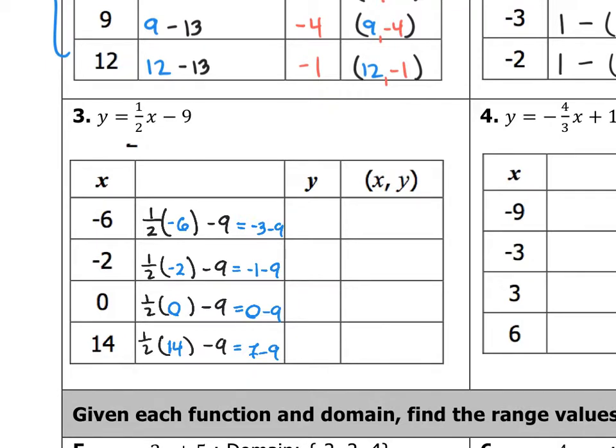So my first y value, -3 minus 9, is -12. And then I get -10, -9, and -2. So my ordered pairs are going to be -6, -12, -2, -10, 0, -9, and 14, -2.